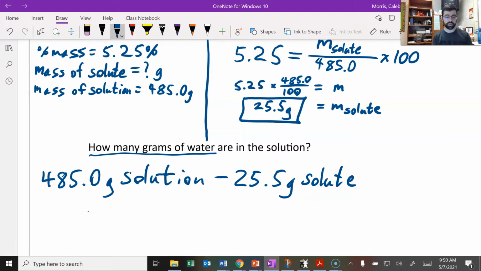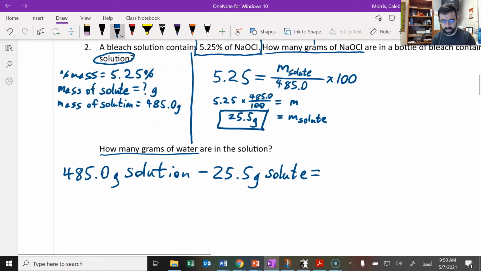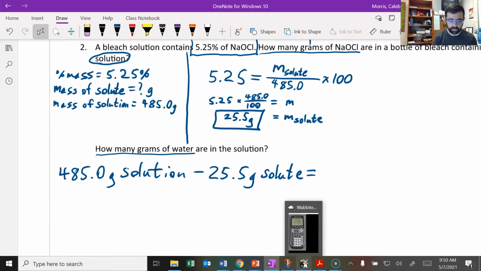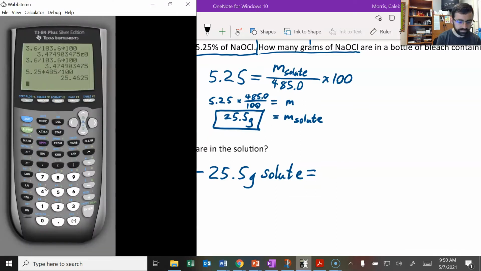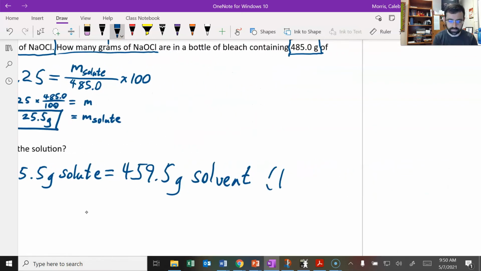So remember, the solution is solute plus solvent. So if I want to know how much solvent there is, I need to just subtract. So 485.0 minus 25.5 equals 459.5 grams of solvent, which is water.